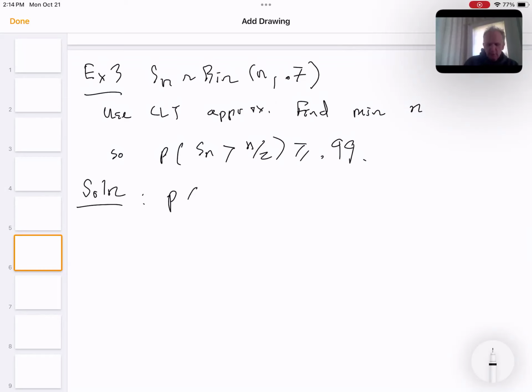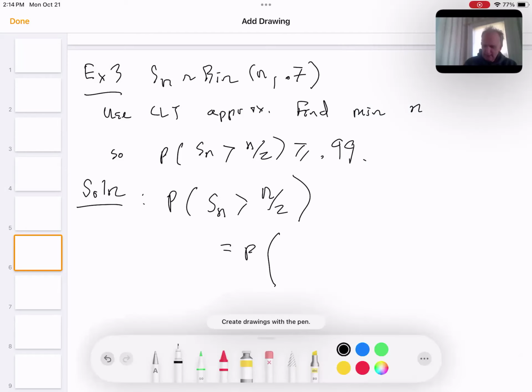So I say the probability Sn is greater than n over 2. Now, there's a slight difference between whether n is even or odd. If n is odd, it's cool, right? Because then I get something that's not ambiguous, not on the line, and I don't have to correct.